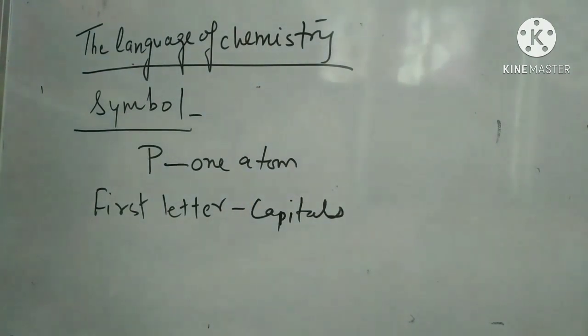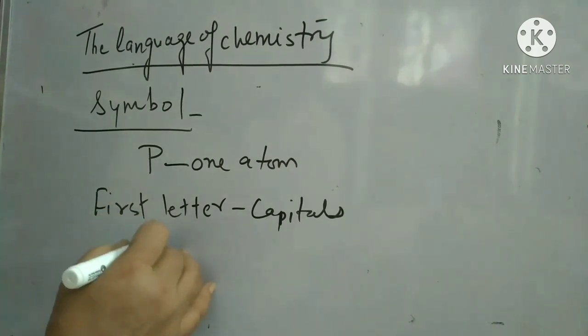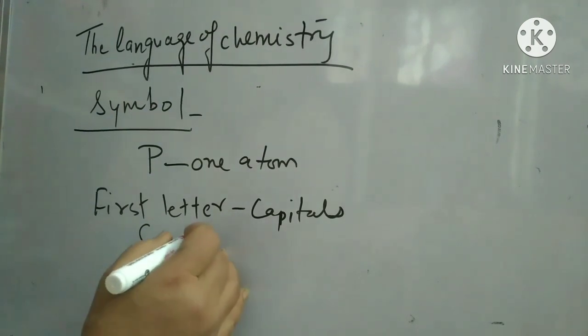In cases where the first letter is already adopted, the initial letter in capital together with a small letter from its name was used. Example: calcium, silicon.